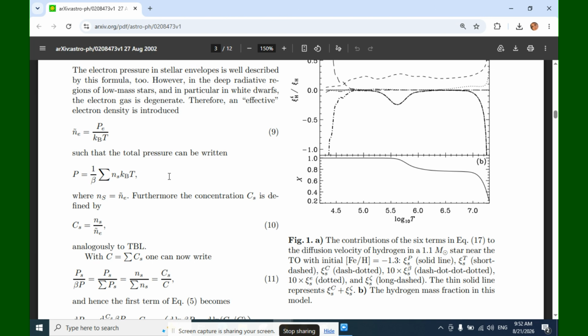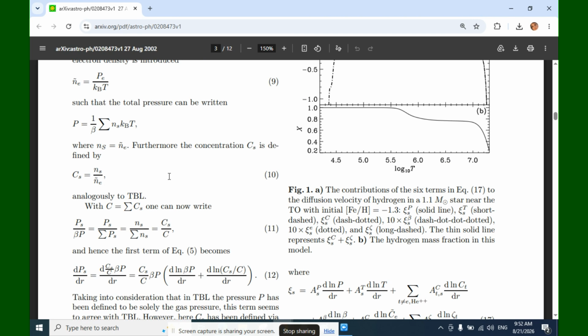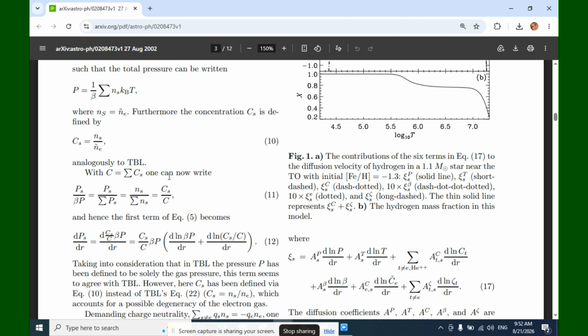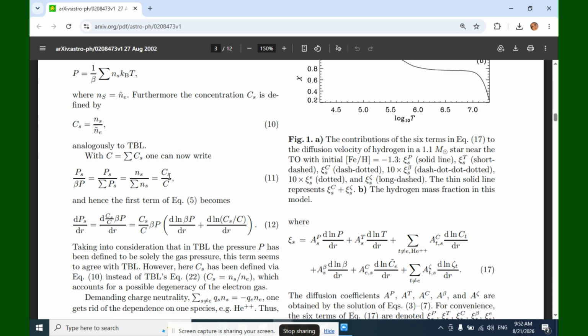Analogously to TBL, with C equal to the sum of C_s, one can now write P_s divided by beta P is equal to P_s divided by the sum of P_s, which is equal to n_s divided by the sum of n_s, and is equal to C_s divided by C. Hence, the first term of equation 5 becomes dP_s/dr is equal to C_s divided by C, beta P, multiplied by d ln(beta P)/dr plus d ln(C_s/C)/dr.